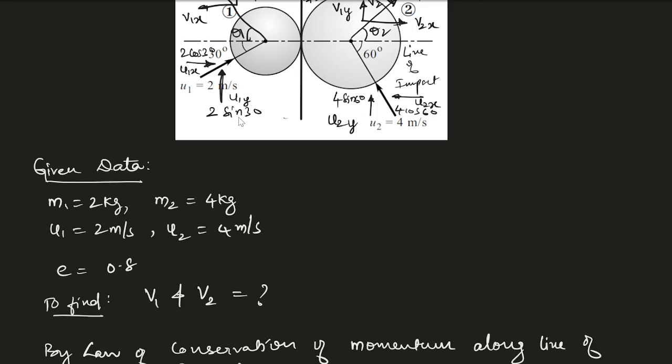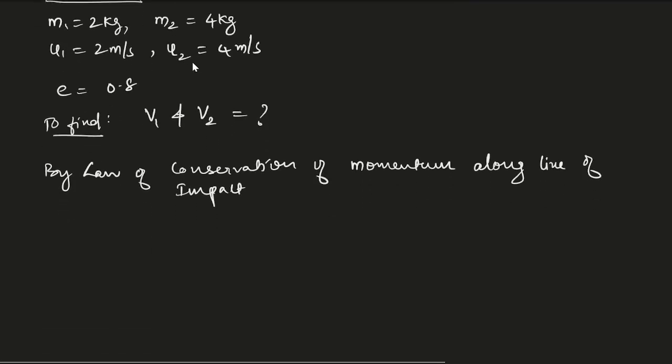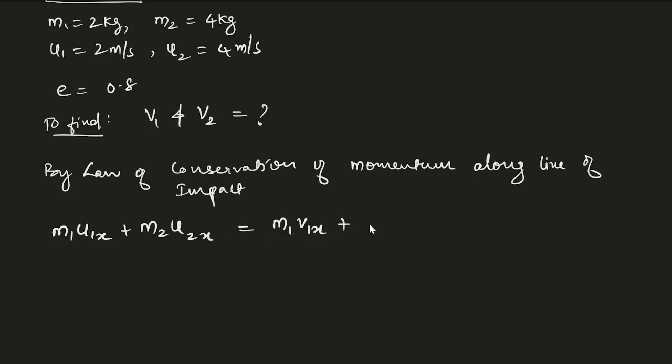We'll be taking only those component velocities which are in the same direction as the line of impact. Here the line of impact is in the horizontal direction, so we'll be taking only the horizontal velocities. So the formula will be m1 u1x plus m2 u2x equal to m1 v1x plus m2 v2x.